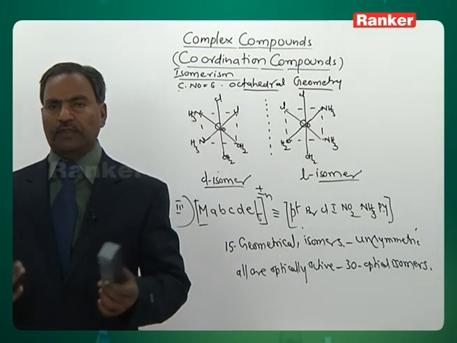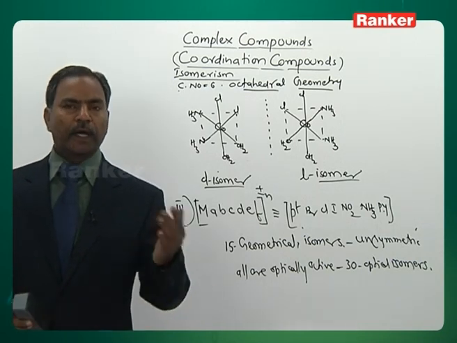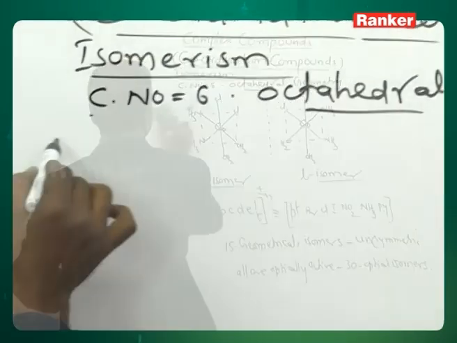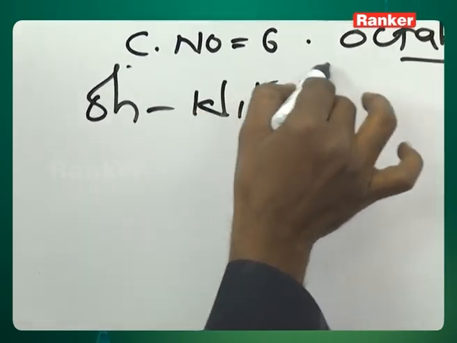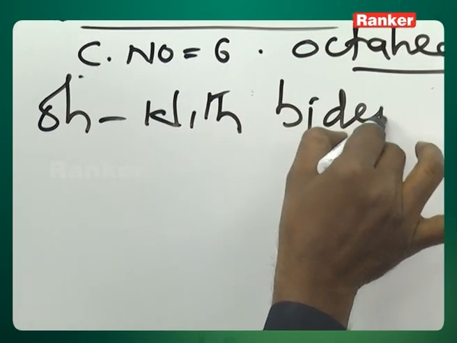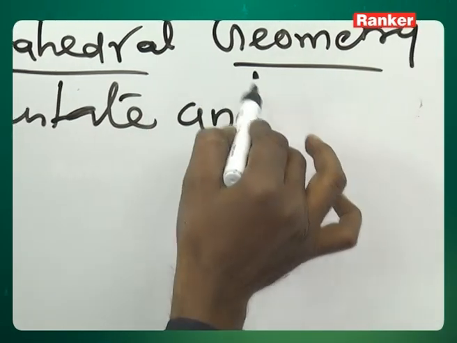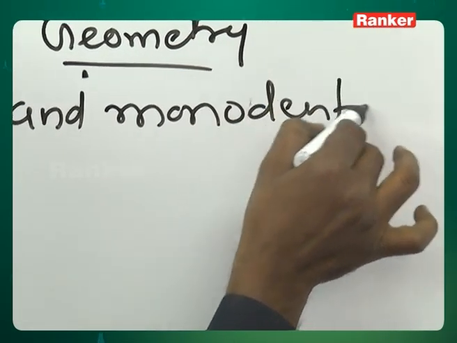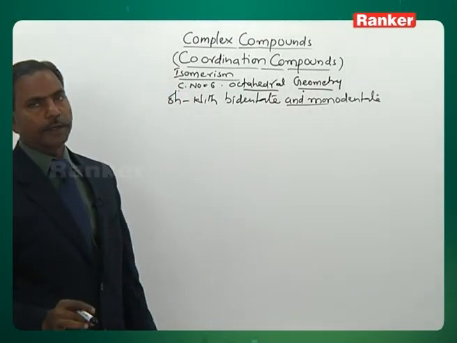Let us see next bidentate and monodentate ligands. Octahedral with bidentate and monodentate ligands.